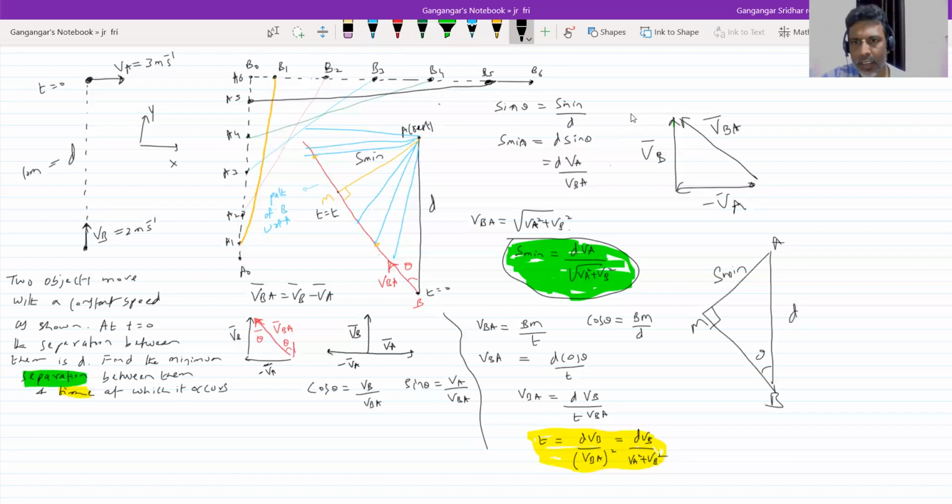This is the velocity triangle, and this is the displacement triangle. Our entire numerical is all about obtaining these triangles. Once you know these triangles, the rest of everything we can manage.